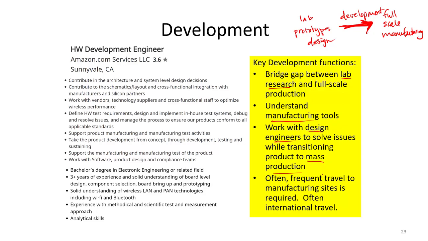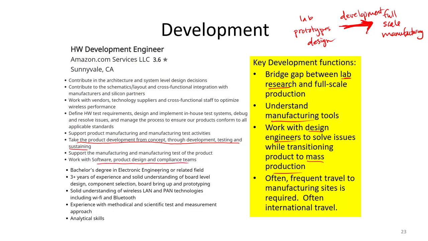Here's an example from Amazon, a hardware development engineer. And you can see that they're doing a lot of stuff related to manufacturing. They take product from development from concept through development, testing, sustaining. Here, sustaining means sustaining a full manufacturing process.